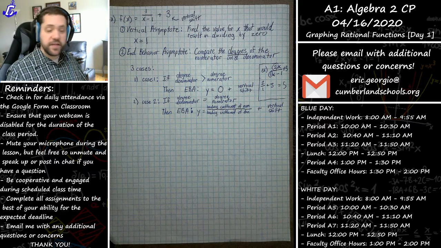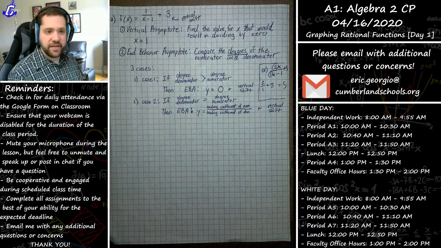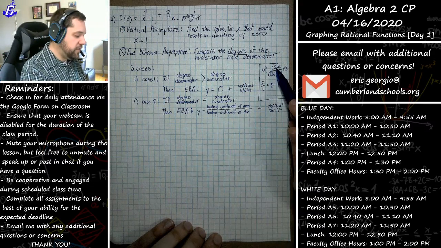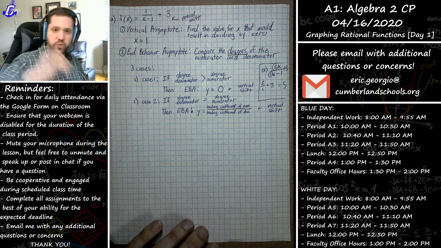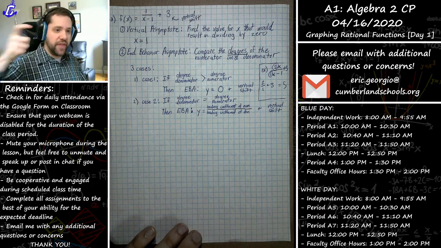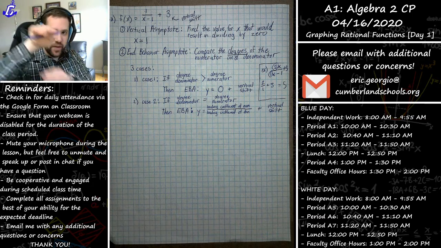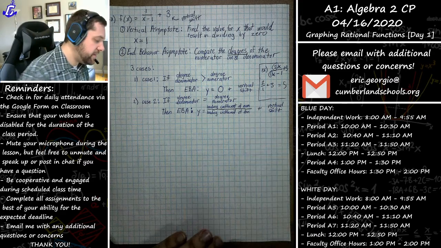So even though it seems intimidating when you're looking at that, you're like, oh my gosh, it's this big fraction. It's really not that scary. We just say, oh, it's the leading coefficient divided by leading coefficient, because it is going to approach that value, because the ratio at which both the top and bottom are increasing is going to come out to equal that. And then we tack on that vertical shift.